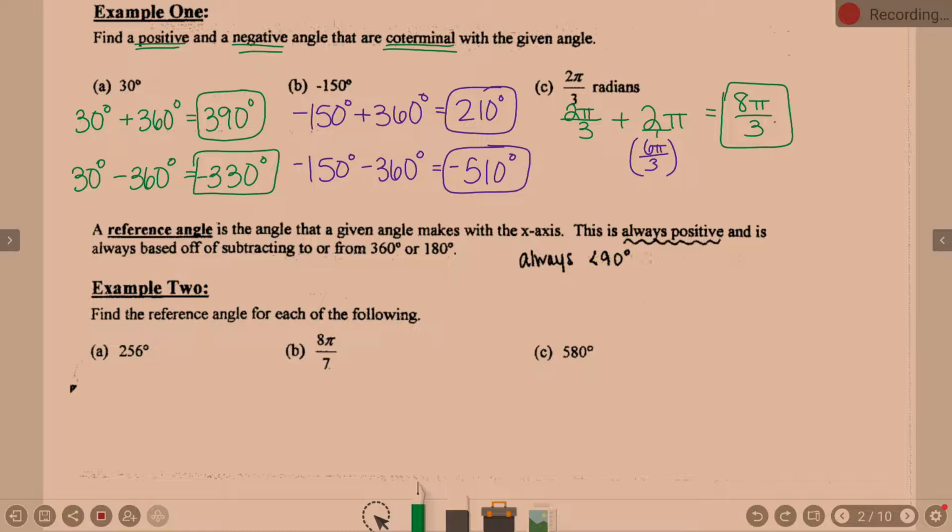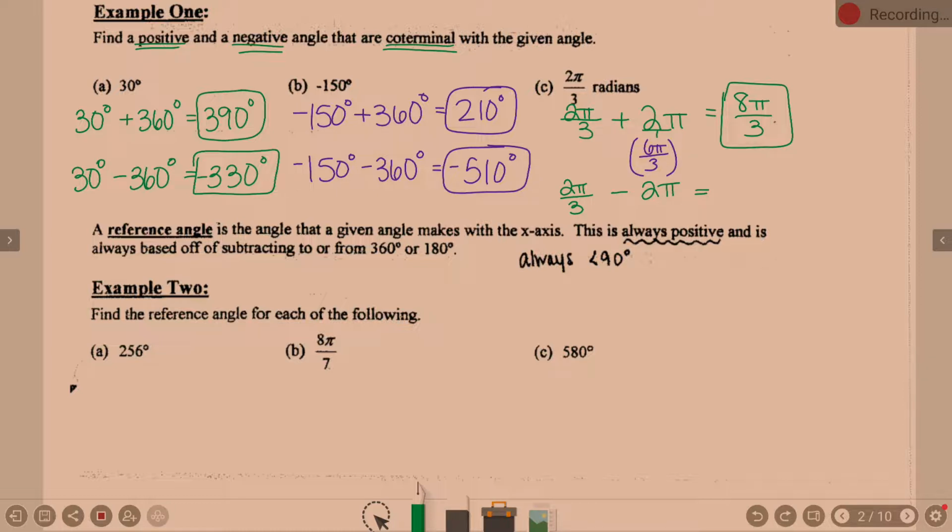Elementary fractions, right? Middle school fractions, our favorite. Bad news about radians: yes, you have to do a lot with fractions. So 8 pi over 3 would be equivalent to 2 pi over 3. That would be a positive coterminal angle. How do you think we're going to find a negative coterminal angle? Go back to that 2 pi over 3, and this time we're going to subtract 2 pi.